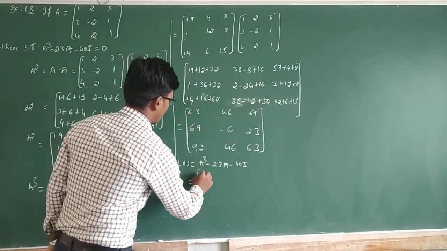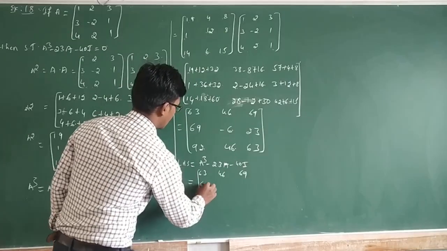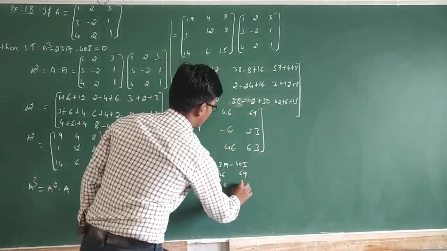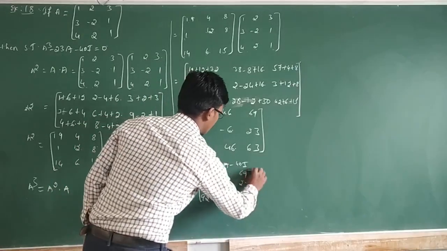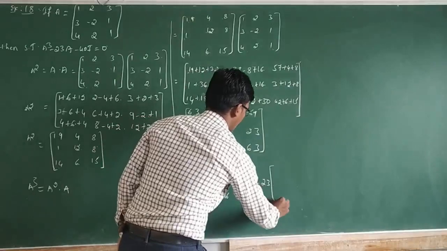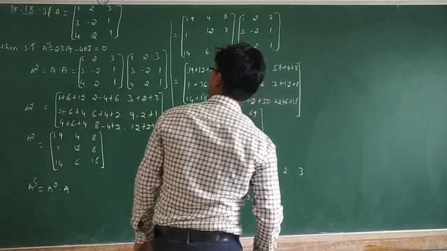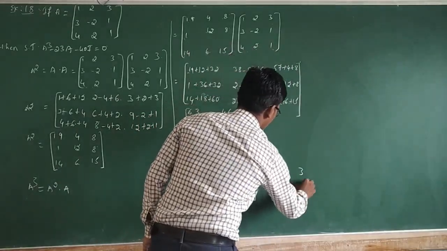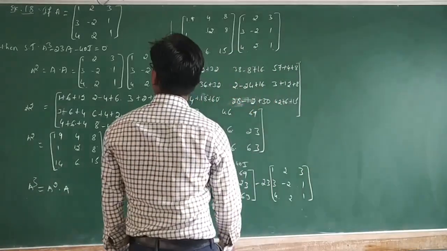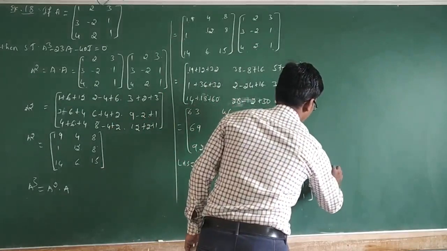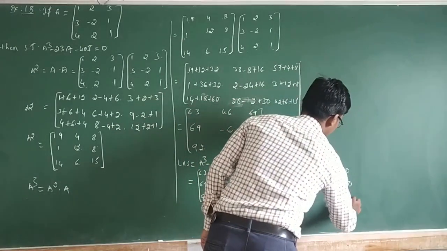A cube is 63, 46, 69, 69, minus 6, 23, 92, 46, 80, minus 23 into a, minus 40I.